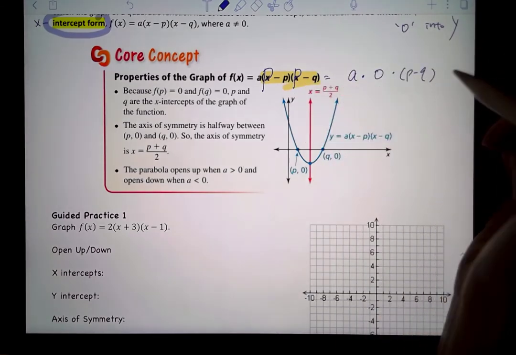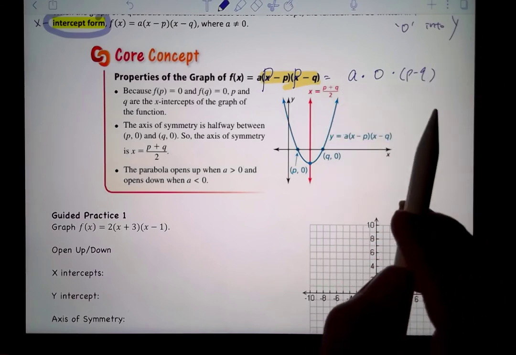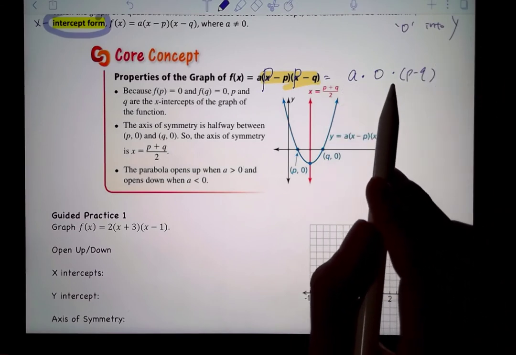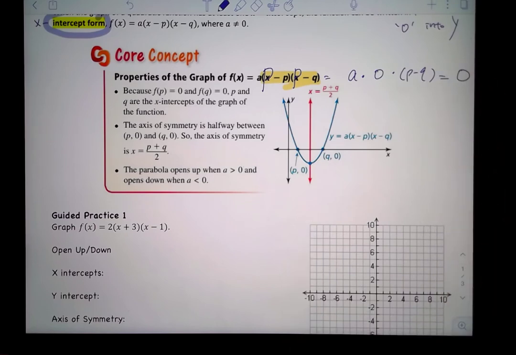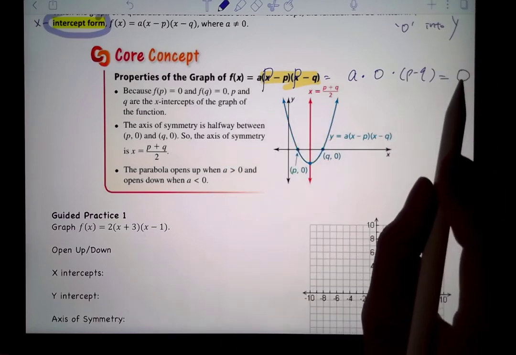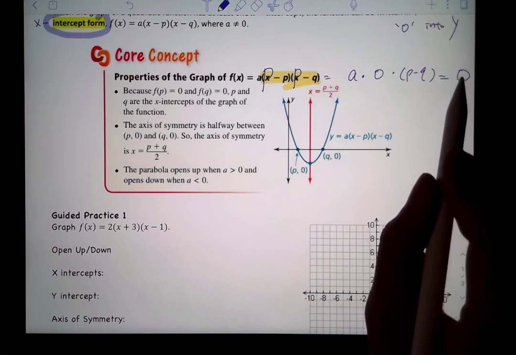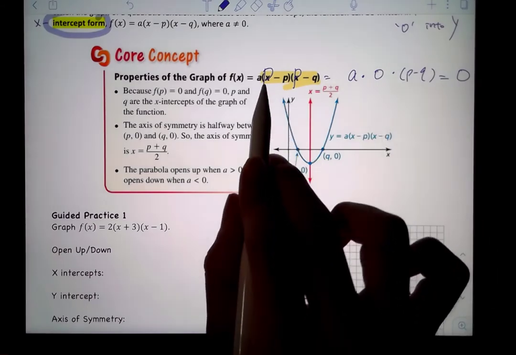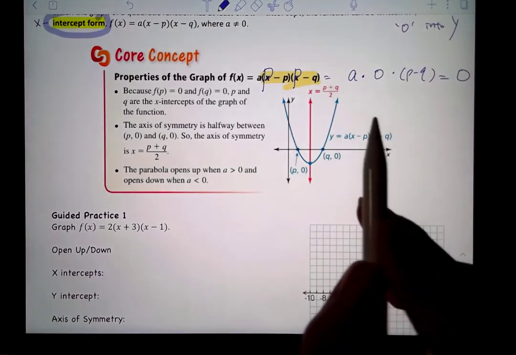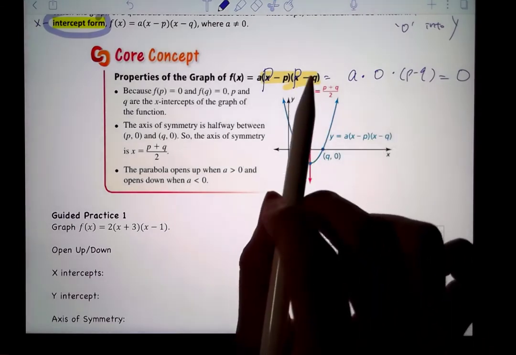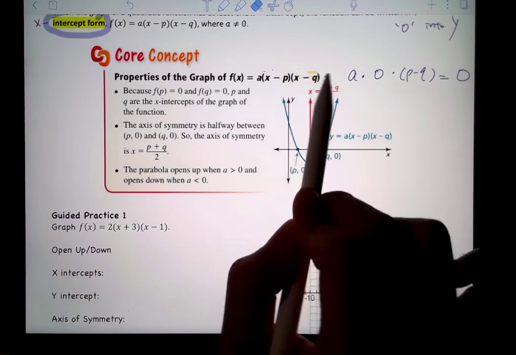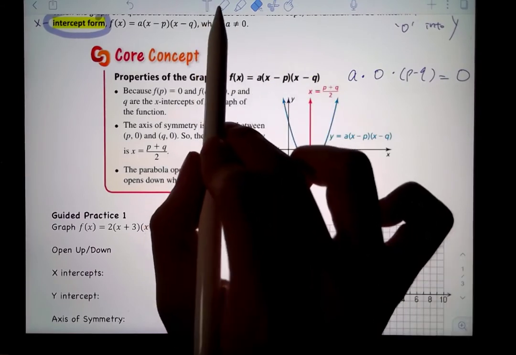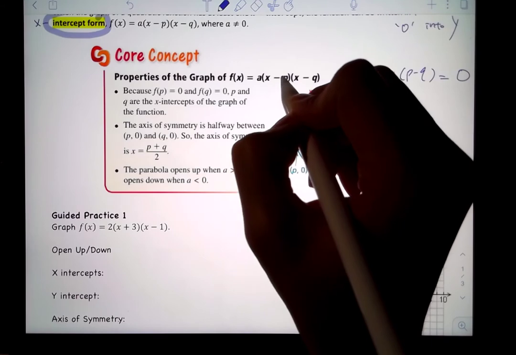When you have a product including 0, it's always 0. So when you put in p, you get 0. That means your y value is 0, so p is your x-intercept. In the same way, q is your x-intercept. So in this case, you get two x-intercepts, which are p and q.